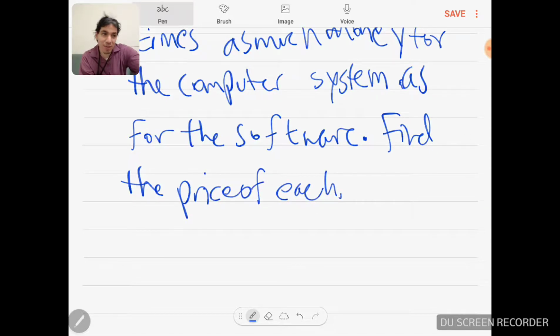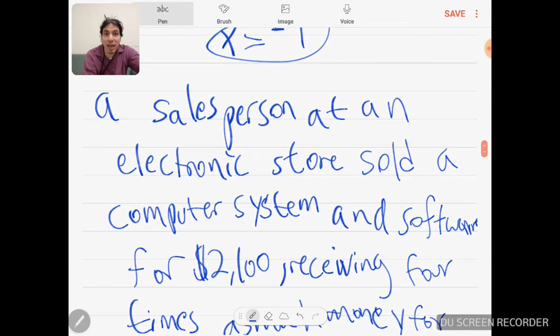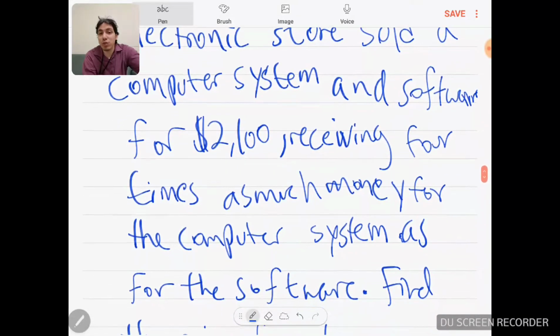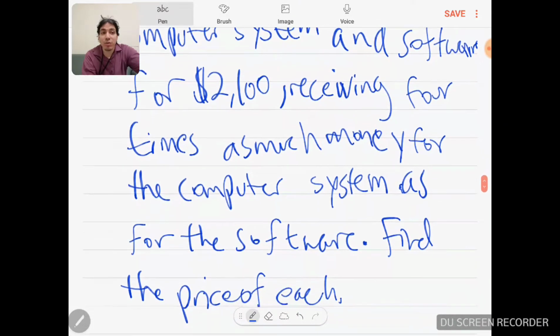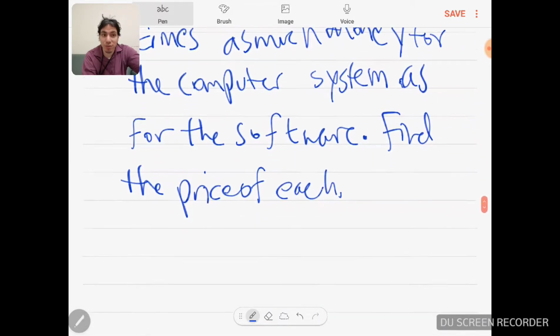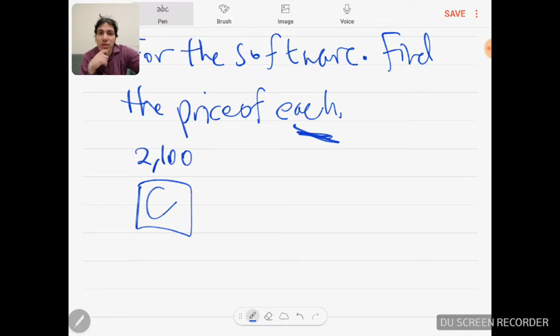Now, that's a long one. I already read the question once, I'll read it again. A salesperson at an electronics store sold a computer system and software for $2,100, receiving 4 times as much money for the computer system as for the software. Find the price of each. So let's think about this. Let's say this is the computer, we'll just call it C. The system was $2,100.